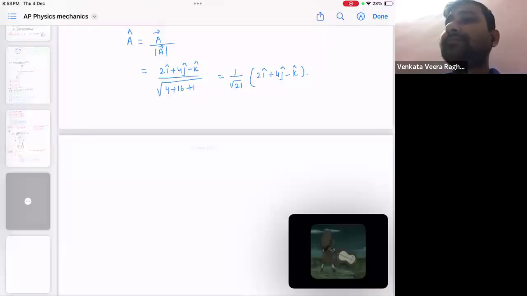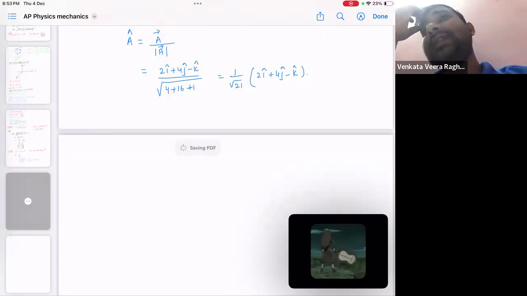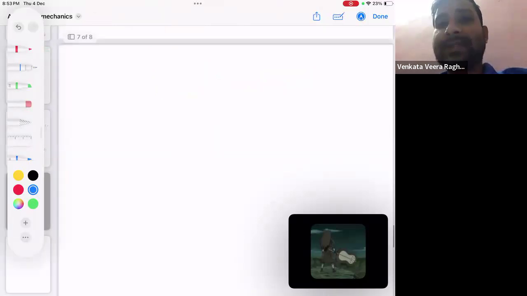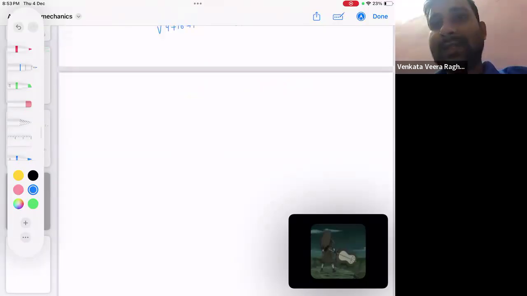Sometimes in the question, what will happen? Instead of the component form being given, they will give you the vector and then ask you to find the component. Understand the situation, right? How to take the component of a vector is going to be a very important part.